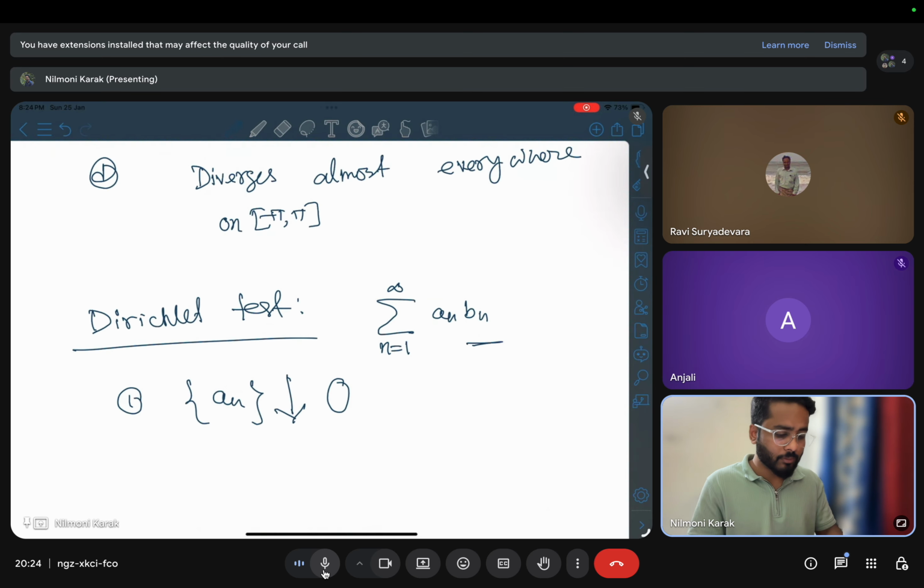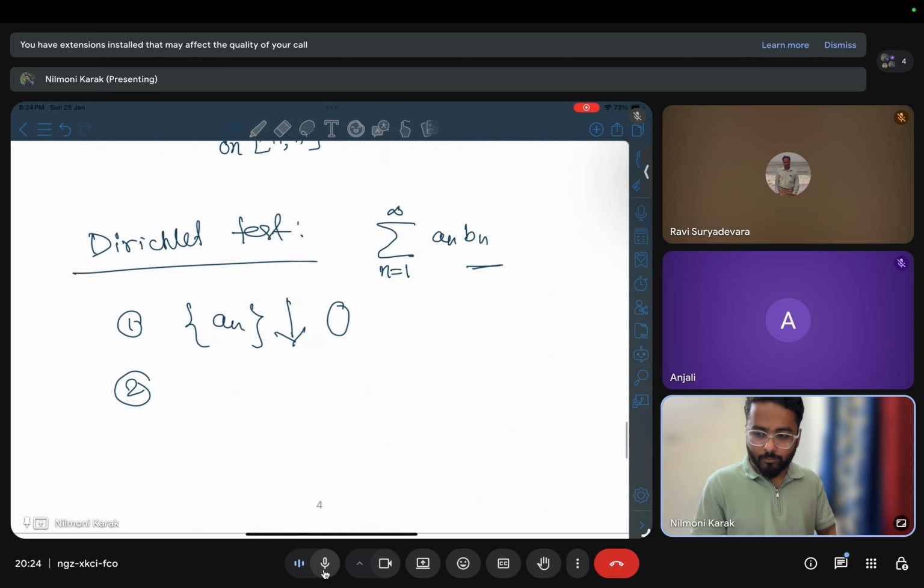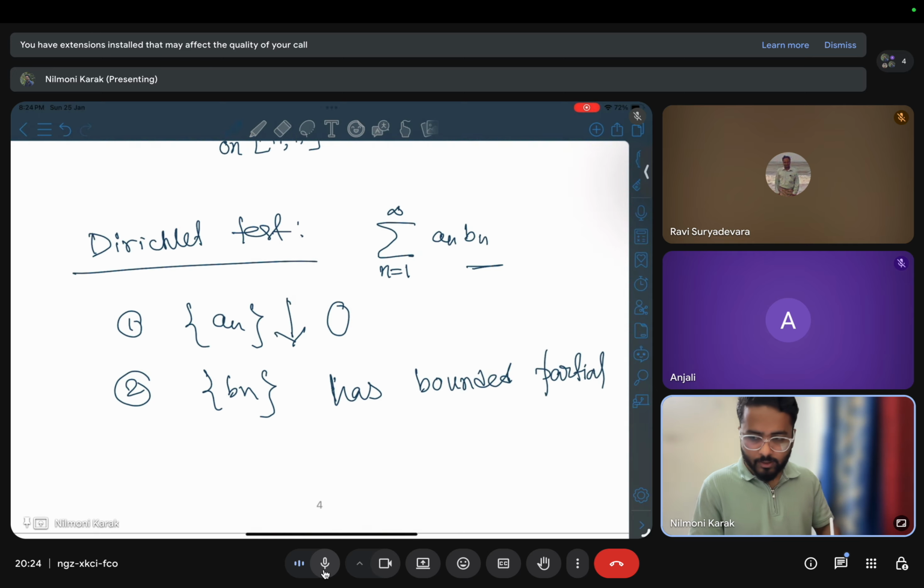Point 2: b_n has bounded partial sums. Then the series of a_n b_n is convergent.